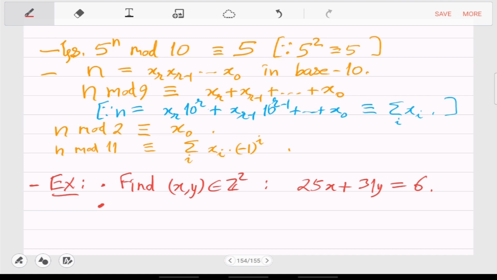So how many real solutions are there for this equation? How many real x, y? Infinitely many, right? Because you can fix y to be anything and that fixes a unique x. So there are infinitely many real solutions.